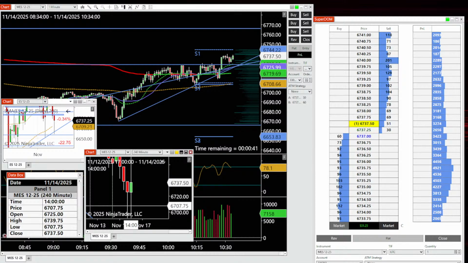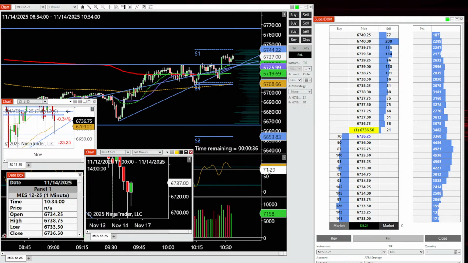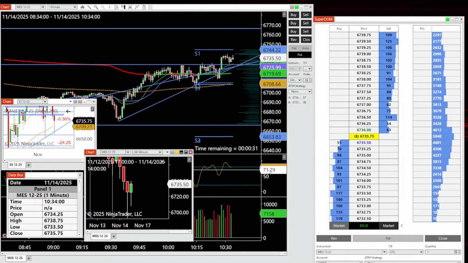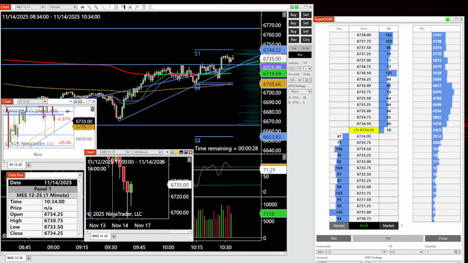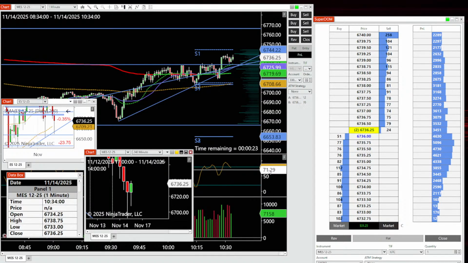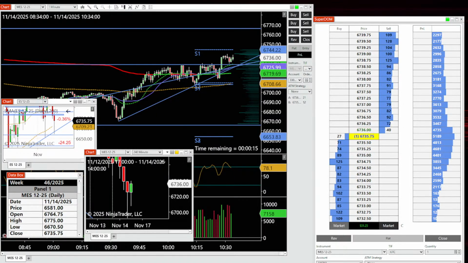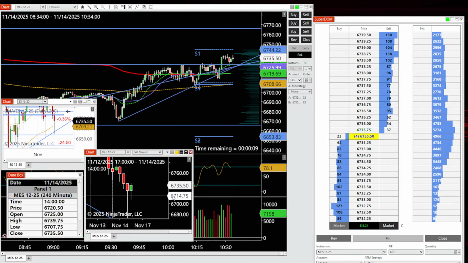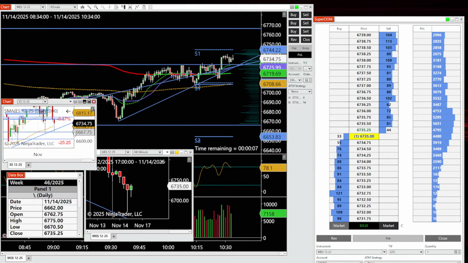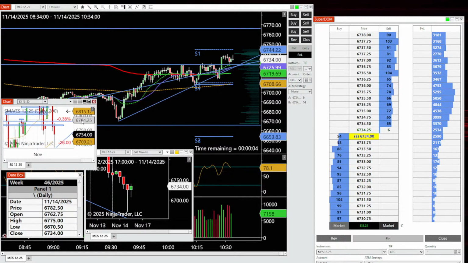$37 high. We got the 39.75. Got some rejection around 39.75. Got two long bottom whips on the daily chart. Look at that.